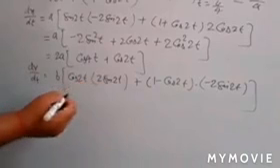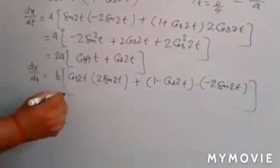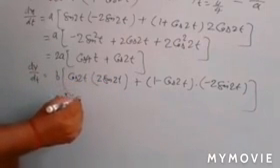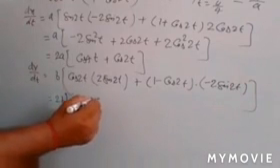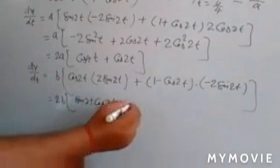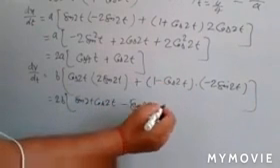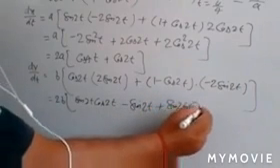Okay, now again multiplying, here you can take 2 common, so here you have 2b into sine 2t cos 2t, and this side you have minus sine 2t, and here you have plus sine 2t cos 2t.